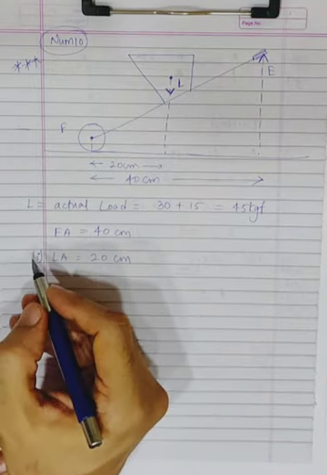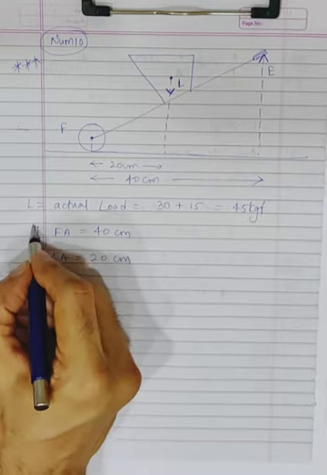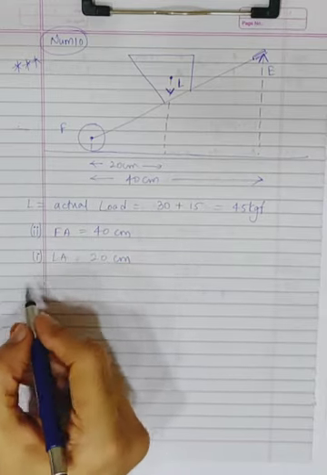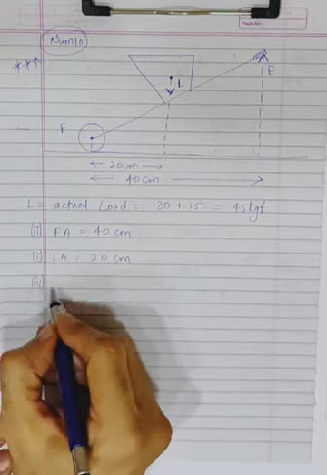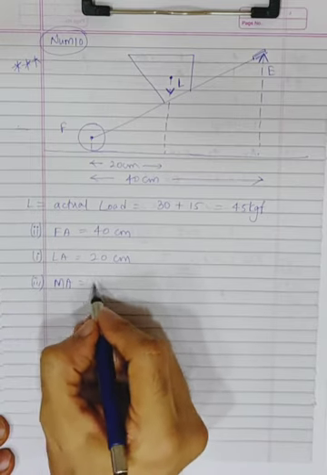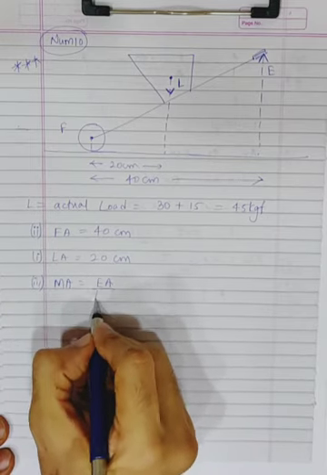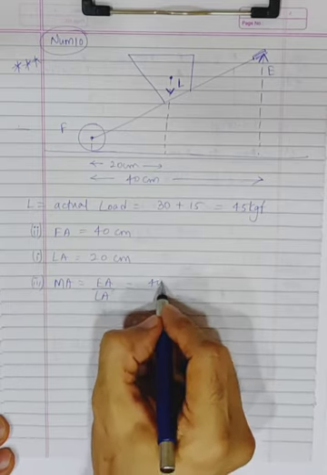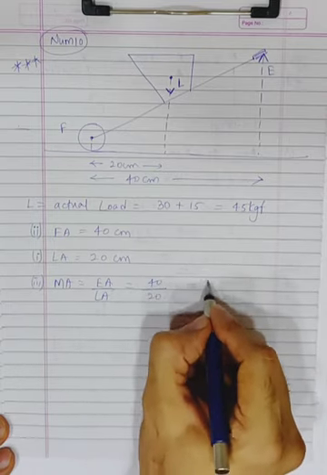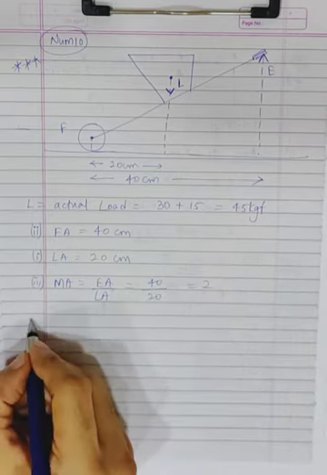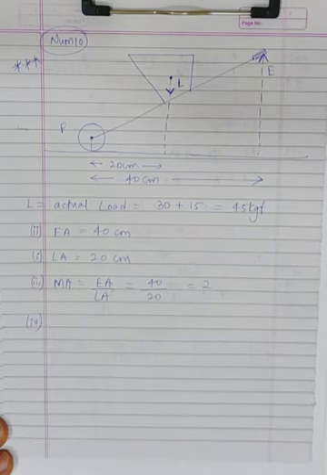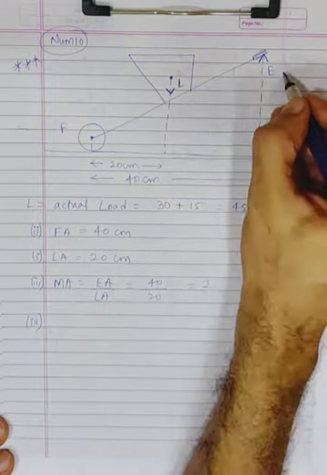Then find the effort arm, we found it. Third, they asked us MA. How to find that? MA is equal to effort arm upon load arm. Effort arm is 40, load arm is 20, so it is 2. And the fourth and last part: what is the minimum effort needed to keep it off the ground?